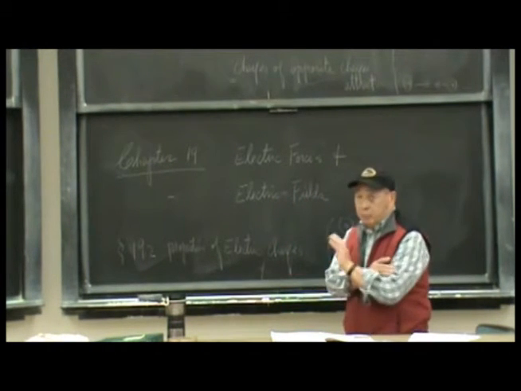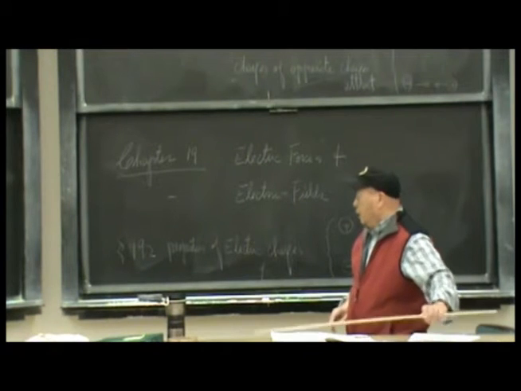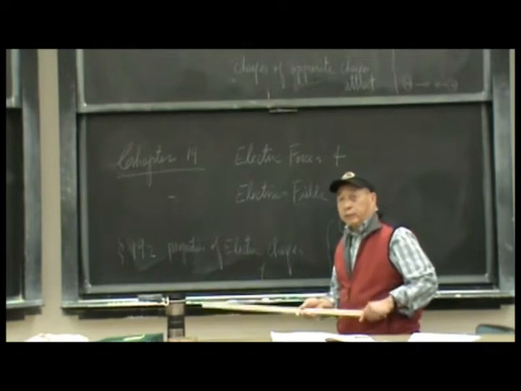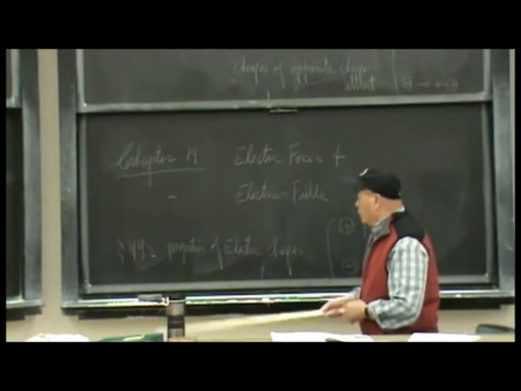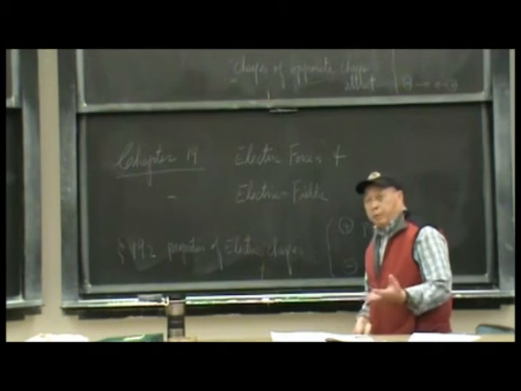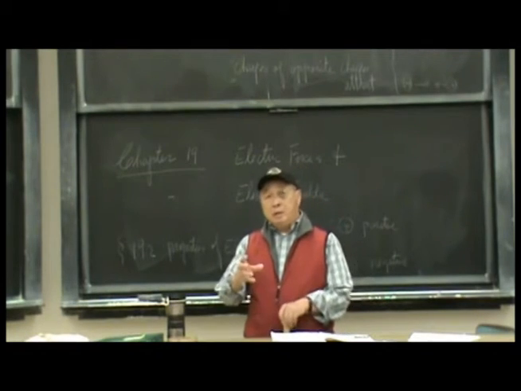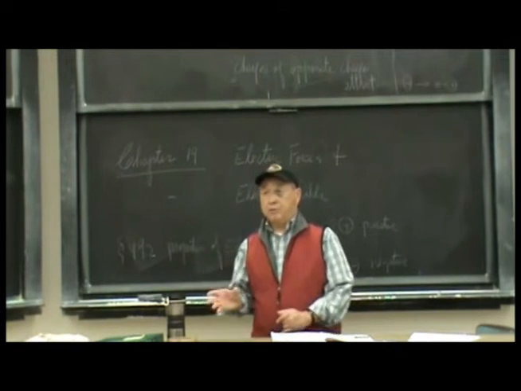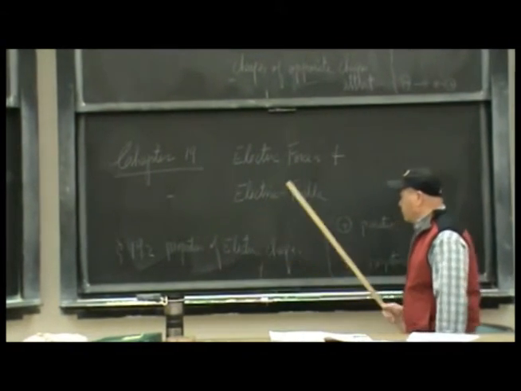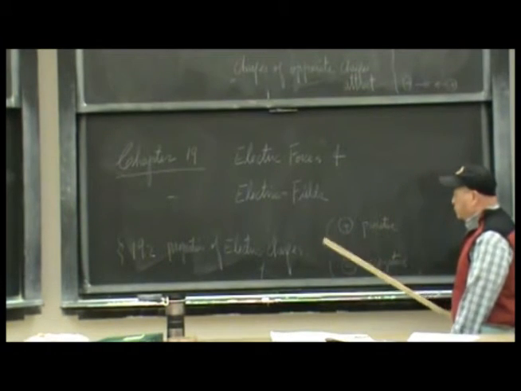We want to highlight the most important parts, some of which you have learned already. One important part is related to the property of electrical charges. We define the electrical charges: there are two types of electrical charges.